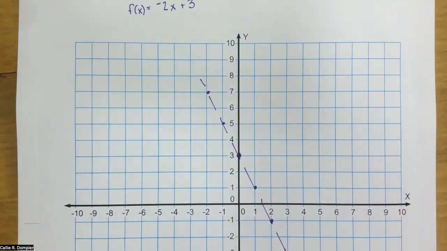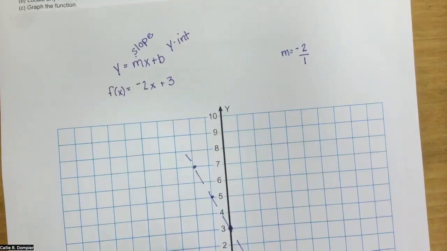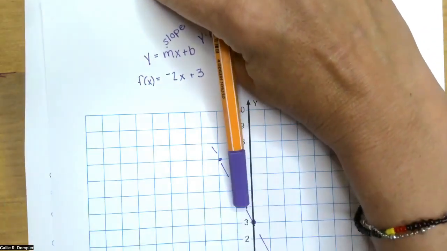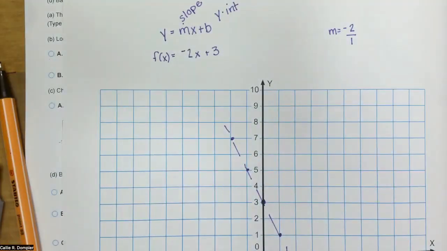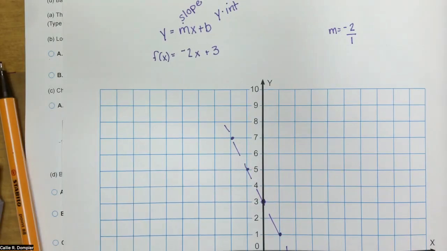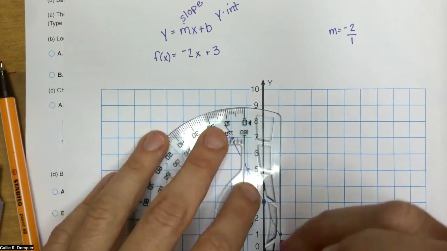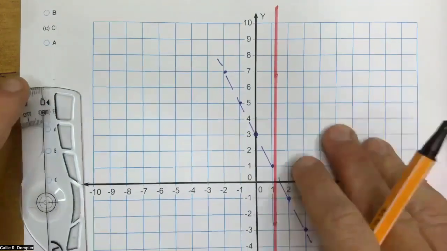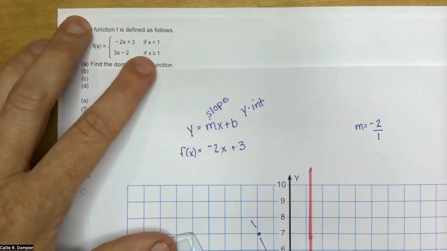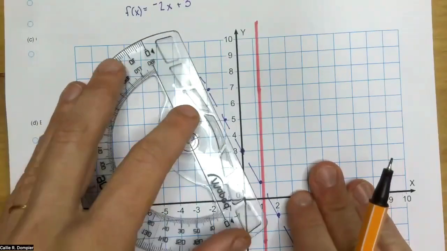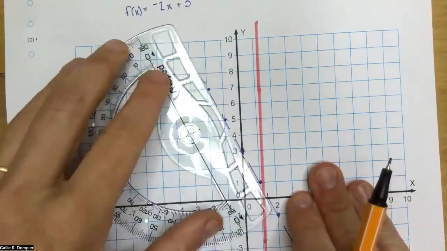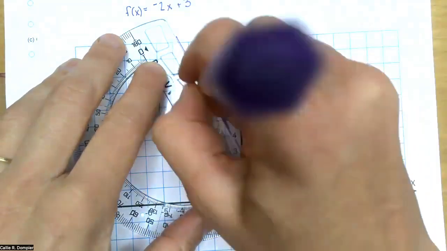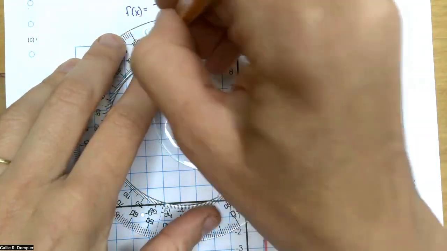So that is a line on the graph when x is less than 1. So let's mark where x equals 1. All right, where x is less than 1, this is going to be the graph of the function. So I don't need to dash this line. This is the real line of the function.